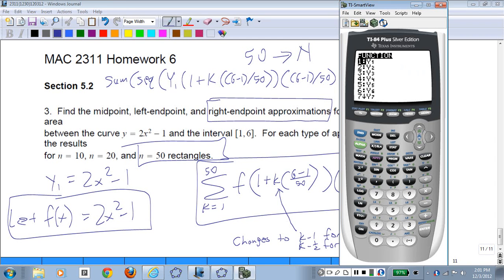Now, if you put it in your y equals first, and then y1. You just put in the 2x squared minus 1.